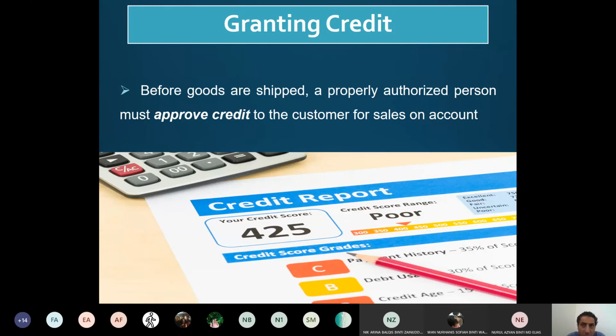For example, if you are doing business with Petronas or Sime Darby, those companies are very well known, famous, and big. So you will immediately give them a high-ranking credit limit category. You'll give them 3 months and up to 1 million of transaction.